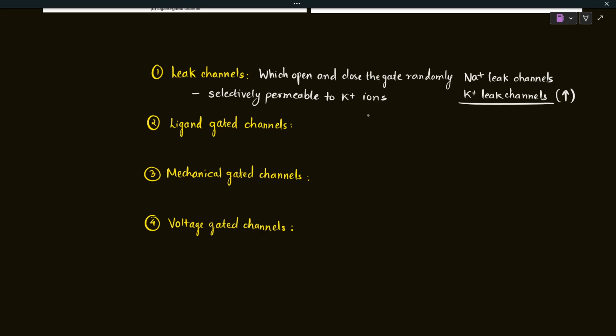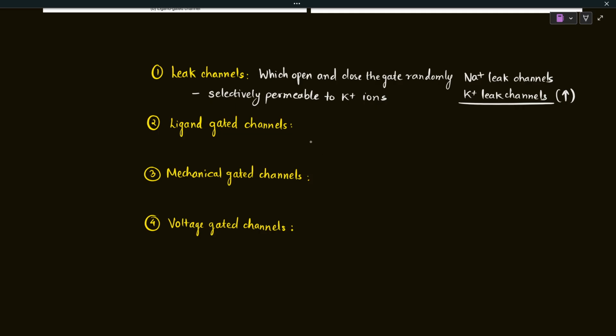Structurally there will be many more potassium leak channels compared to sodium leak channels. And again, the membrane usually opens the potassium leak channels, and the opening of the sodium leak channels is quite less frequent compared to that, and that is why we say that the neuronal membrane is selectively permeable to potassium ions.